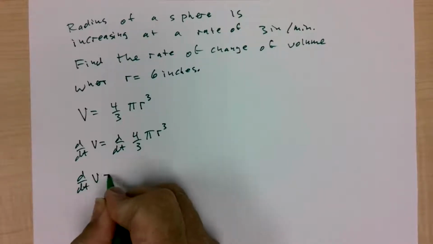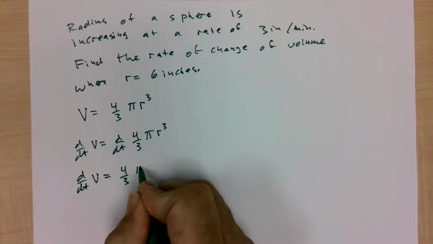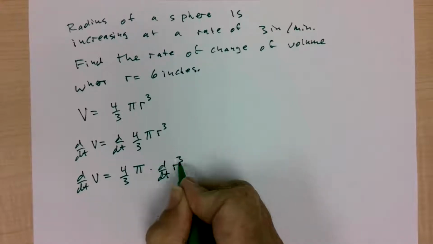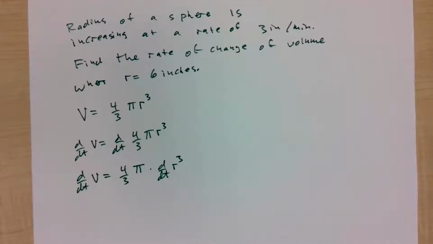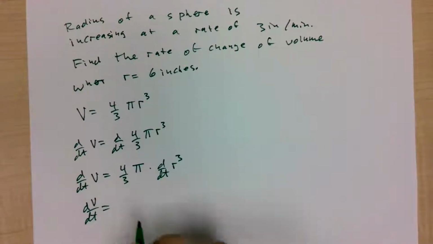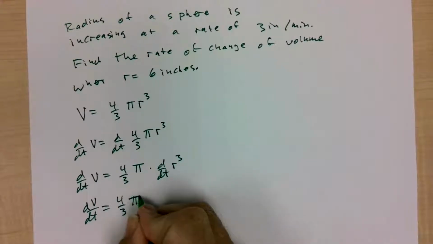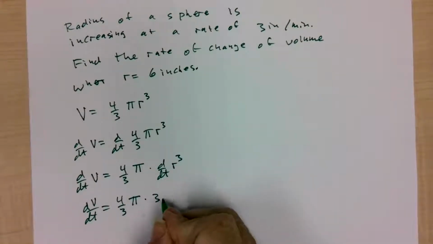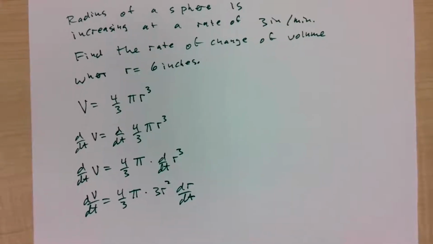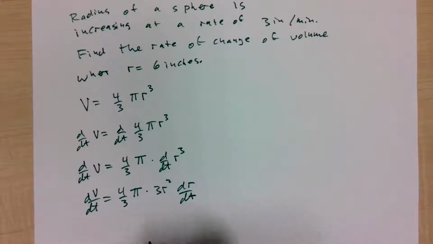So d/dt of V is 4/3 pi times d/dt of r cubed. d/dt of V is dV/dt, which equals 4/3 pi times 3r squared dr/dt. Then we continue with this: the 3's cancel, and I get dV/dt is 4 pi r squared dr/dt.